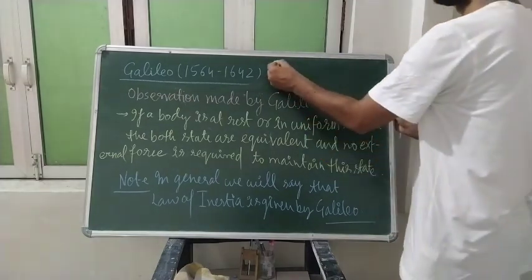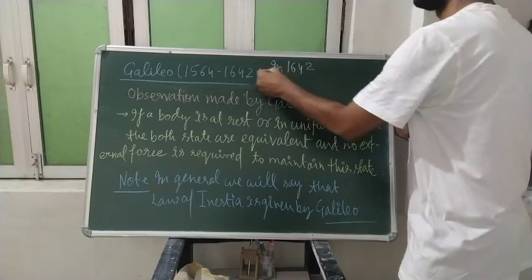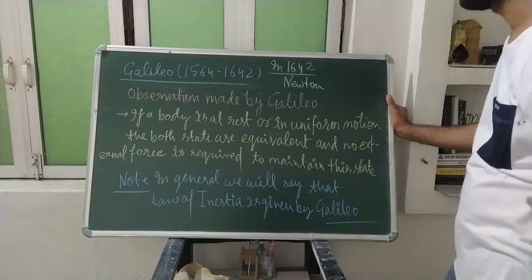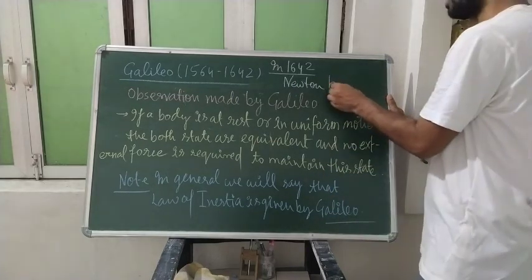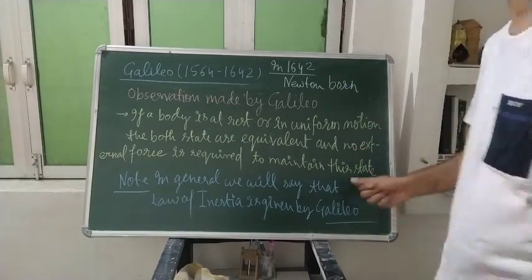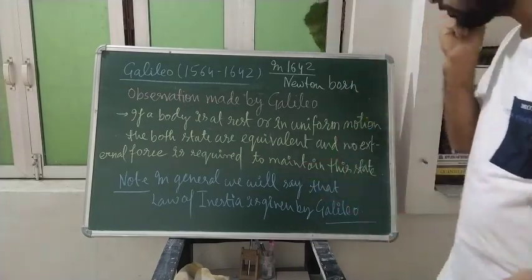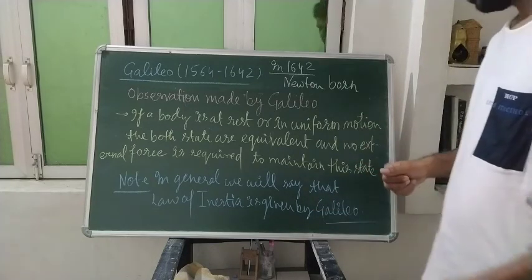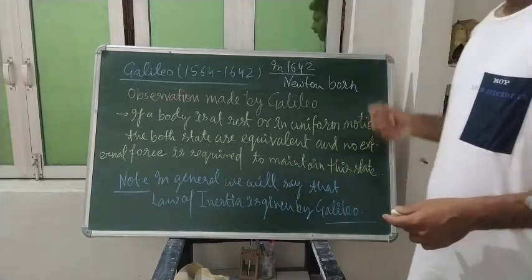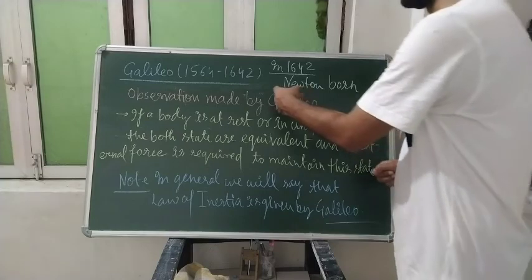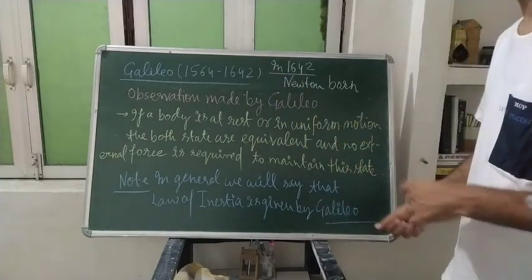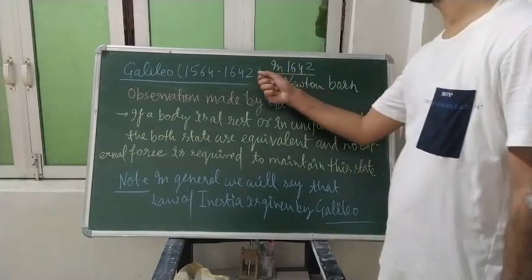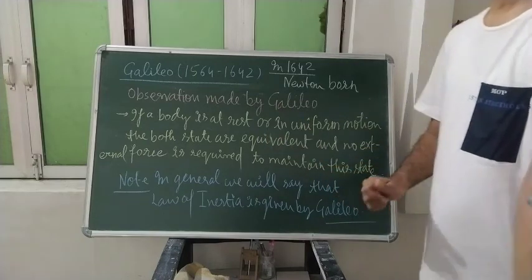So in 1642 Newton was born on earth, and he piled up the theories of Aristotle, Galileo and others, and gave Newton's laws. He actually focused on Galileo because Galileo had reached inertia, and in 1642 Galileo died.